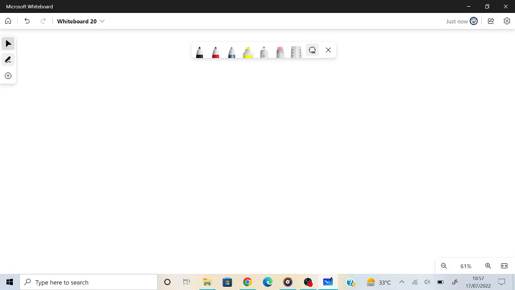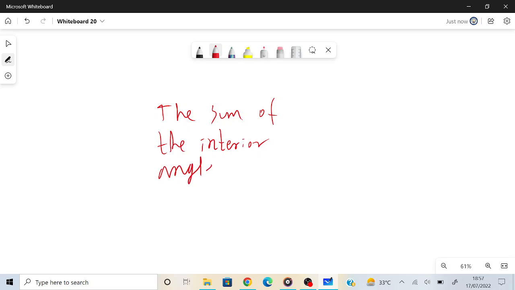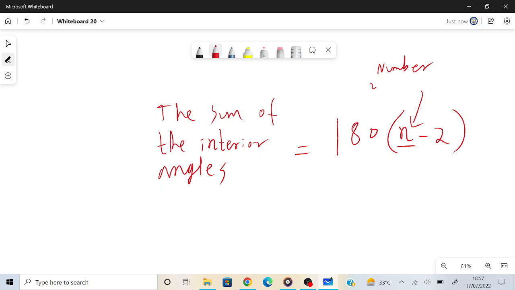So the first norm is that the sum of all the interior angles in any polygon is given by the equation 180 into n minus 2, where n is the number of sides.